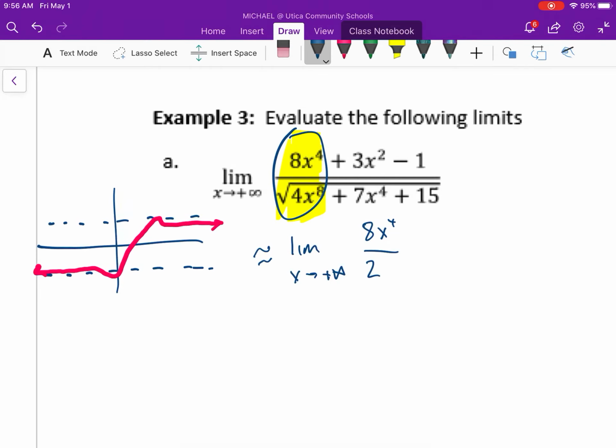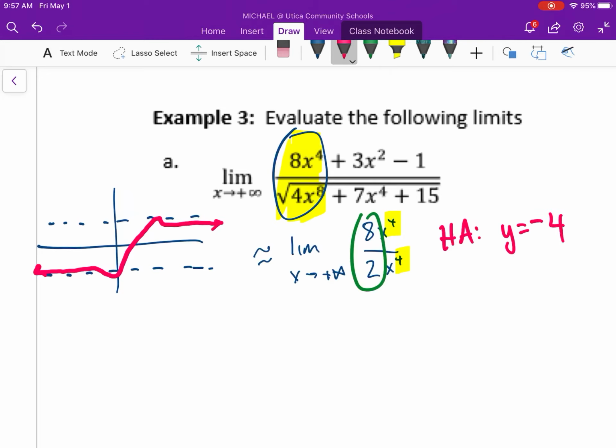Well, the square root of 4 is 2, and the square root of x to the 8th is x to the 4th. So in this case, we have x to the 4th over x to the 4th, same degree, essentially. So we look at leading coefficients. So the horizontal asymptote in this case is going to be 8 divided by 2, which is 4.